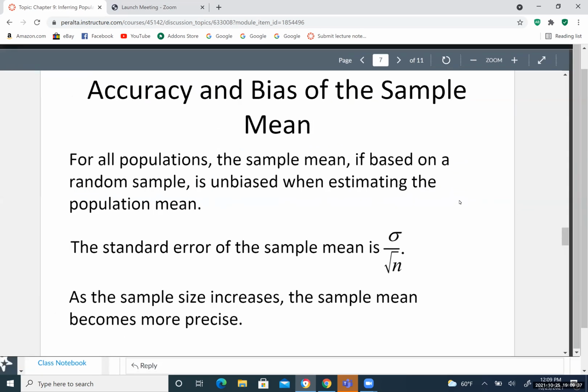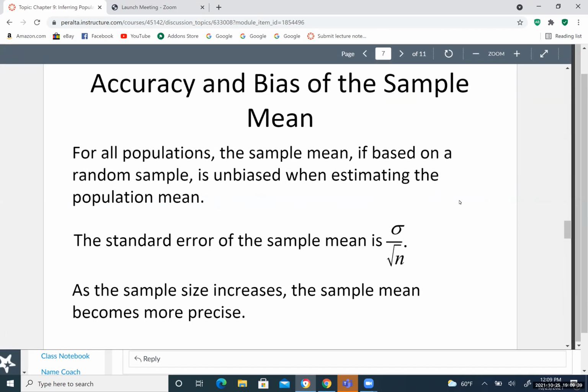The accuracy and bias of the sample mean. They said for all populations, the sample mean, if based on a random sample, is unbiased when estimating the population mean. And the standard error of the sample mean, they gave us the formula: sigma, which is the population standard deviation, divided by the square root of the sample size, n.